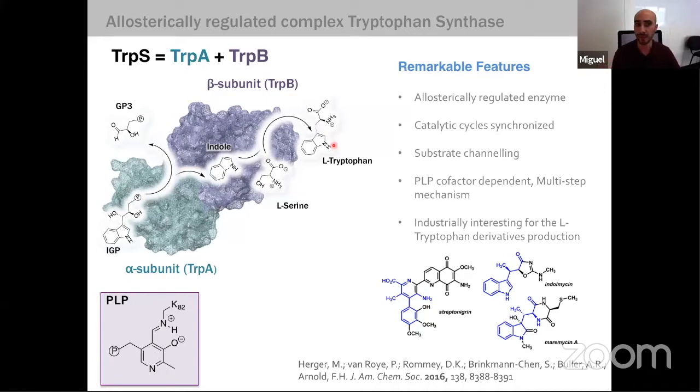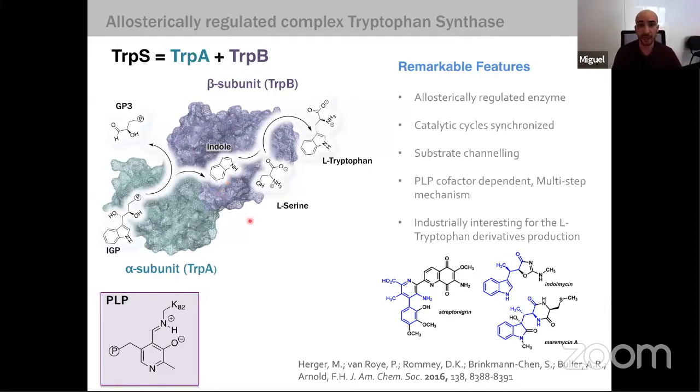What is most interesting about this enzyme is that there is an allosteric communication between the two different subunits, where each subunit regulates the other along the catalytic itinerary, so both cycles are synchronized.